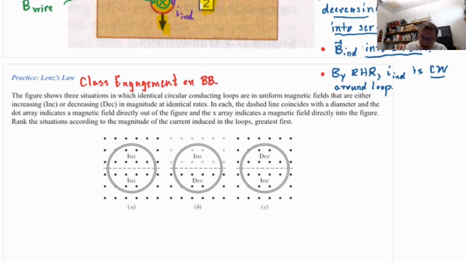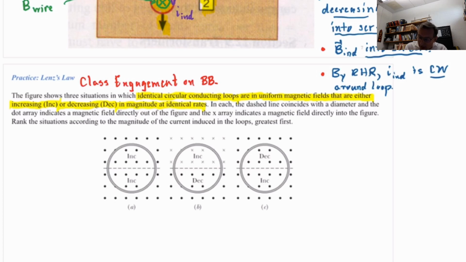This figure shows three situations in which we have identical circular conducting loops, you can see them, and they're in uniform magnetic fields, and those magnetic fields are either increasing, labeled INC, or decreasing, DEC, in magnitude at identical rates. So they're growing or decreasing at the same rate.